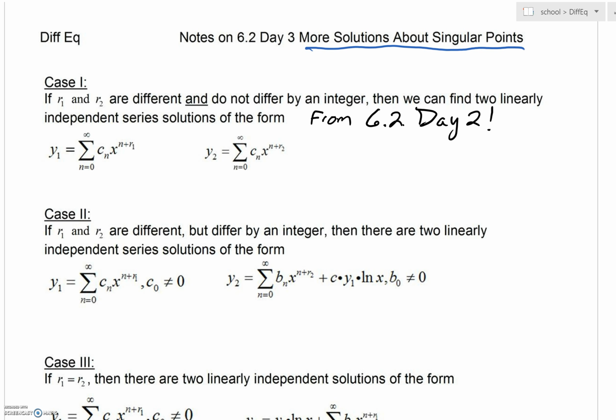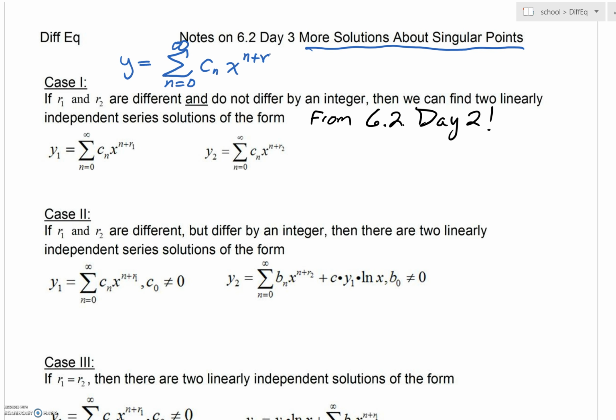What we saw from yesterday is that we'd always make an assumption that if we had a regular singular point, we are actually going to assume that we had a series in this style: sigma from n equals 0 to infinity of c sub n x to the n plus r.